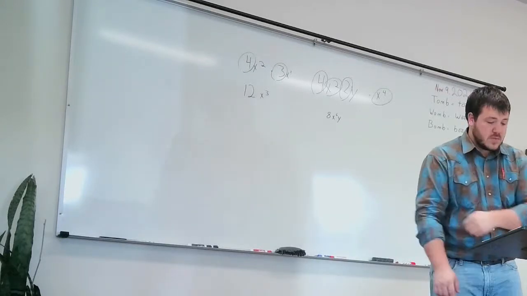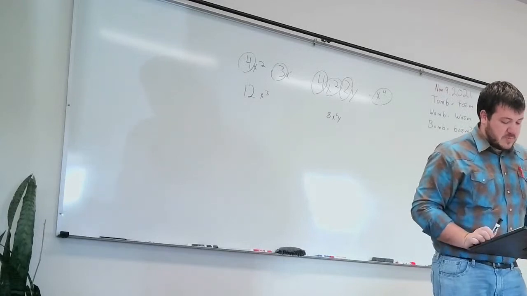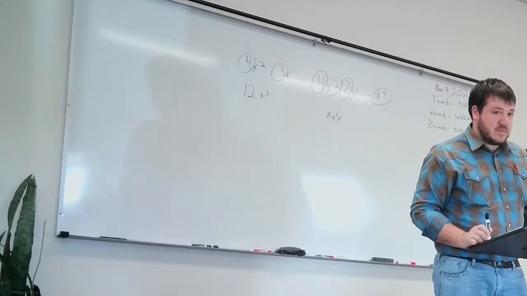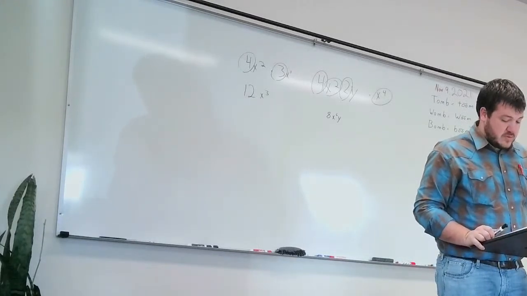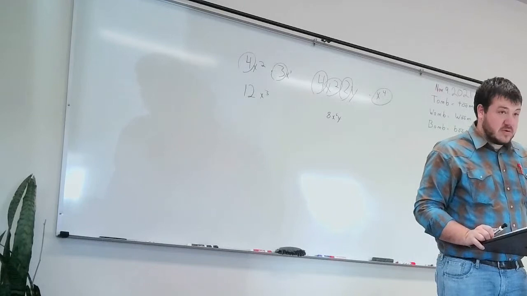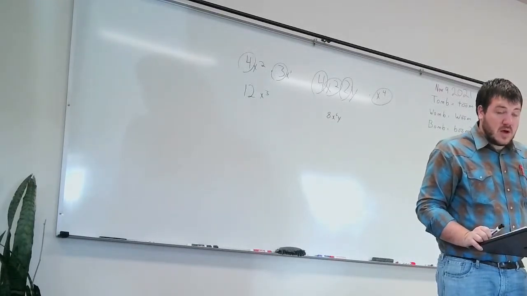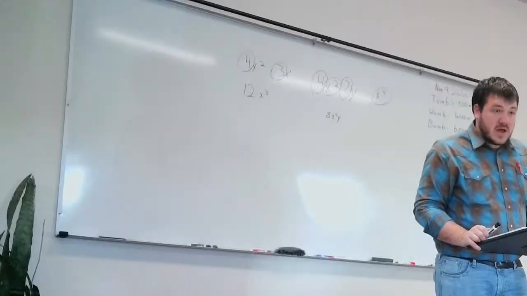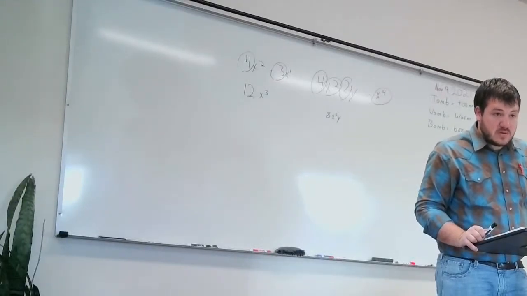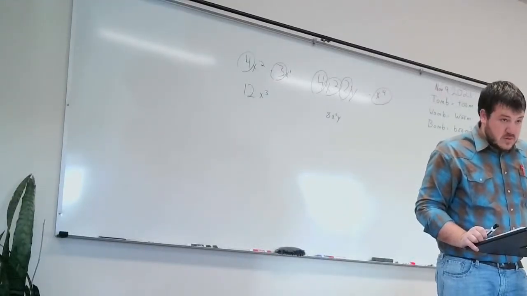Number 3. Your answer should be 8.5. I have 8.505. We're supposed to round to the nearest tenth. Wait a second. Take a half point off for not rounding.